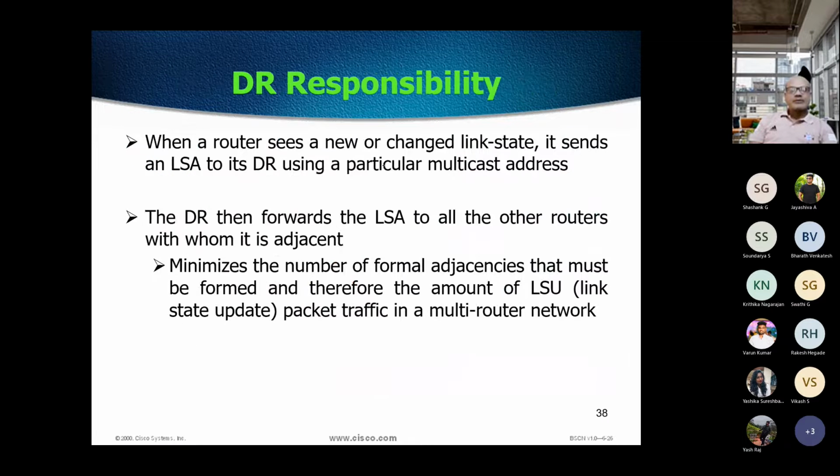The same thing is talked about in the terminology. The responsibility of the DR is, when a router sees a new or changing link, it sends the LSA to the DR using the particular multicast IP address.